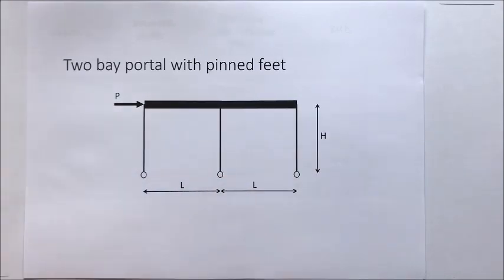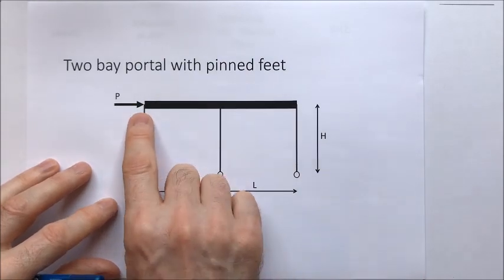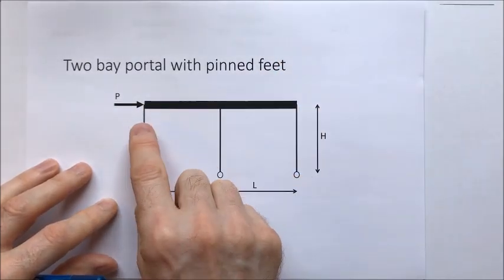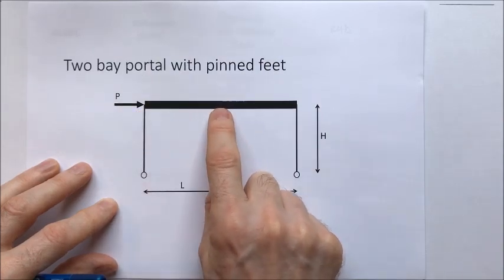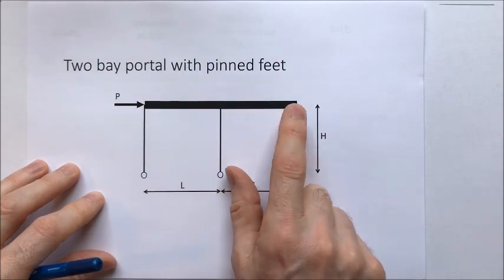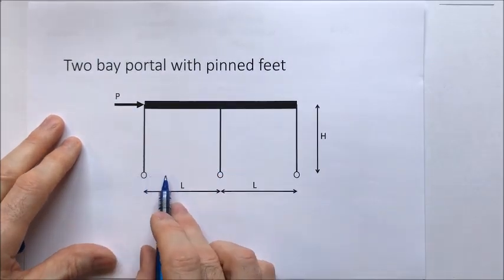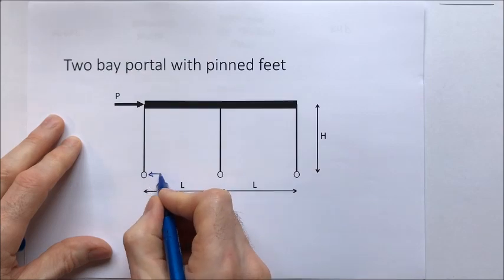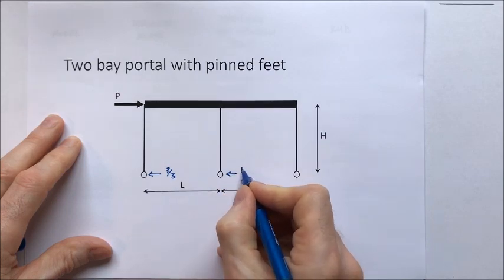In this situation, because each leg is fixed to an incredibly stiff beam at the top, it's fair to say that there is equal stiffness in the supports of these columns, whether you're on the outside or the inside of the frame, and that means that we can take this force P and just split it equally between the foundations. These are equally stiff legs, therefore the reactions are going to be equally divided.